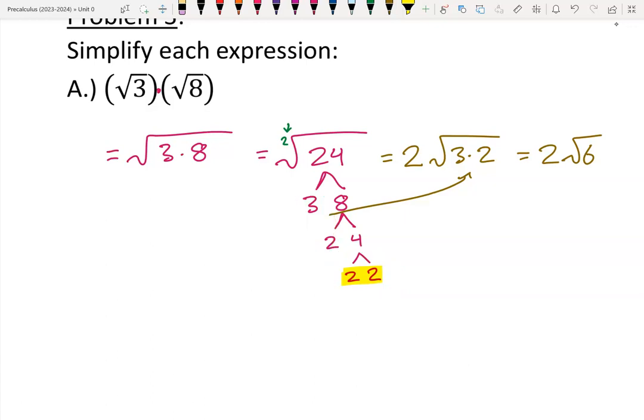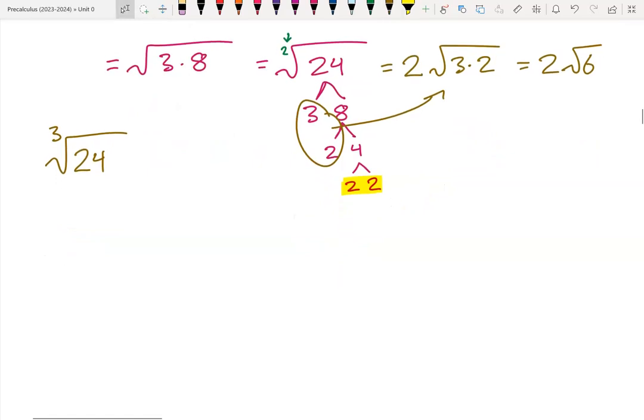Now again, emphasis on the index, because if I did the root of 24, but I made it a third root, that would be a different answer. So again, let's go to our prime factorization: 3, 8, 2, 4, 2, and 2.